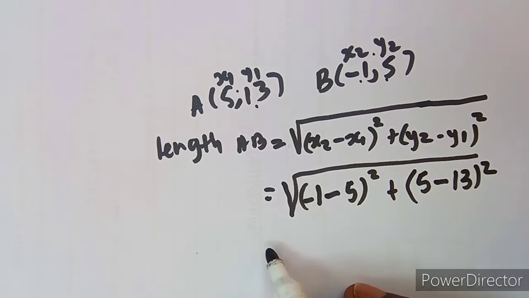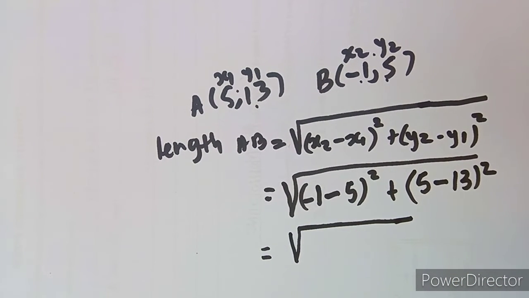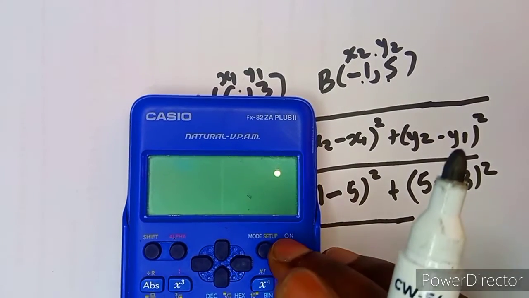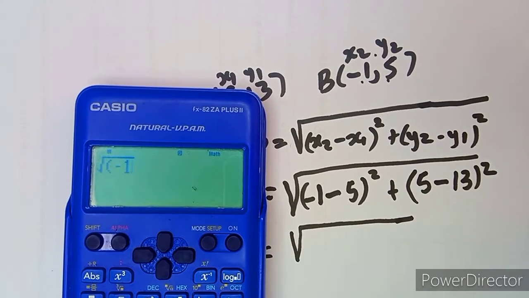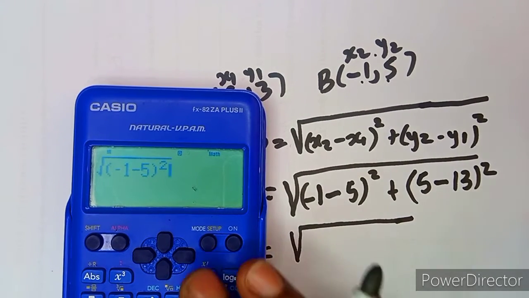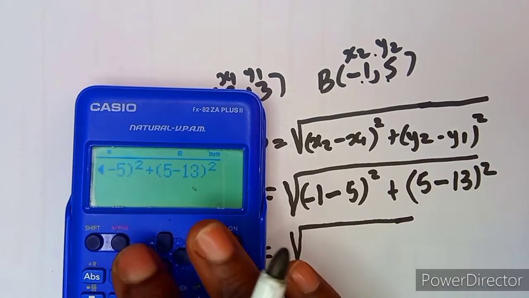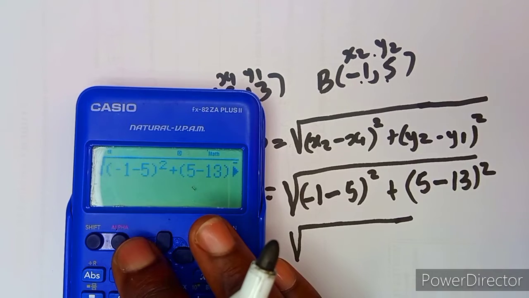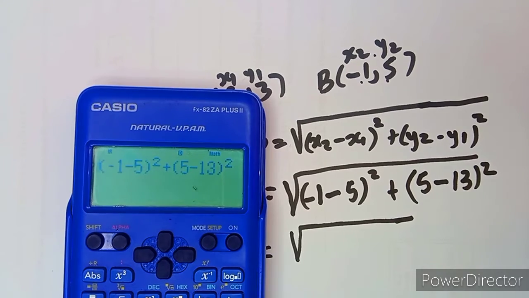If we simplify the part which is under the square root, we have (-1 minus 5) squared plus (5 minus 13) squared. Since I have written the square root already, I'm going to remove it and just work with this part.